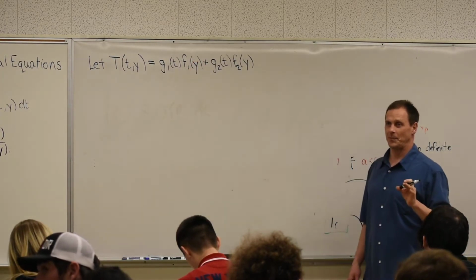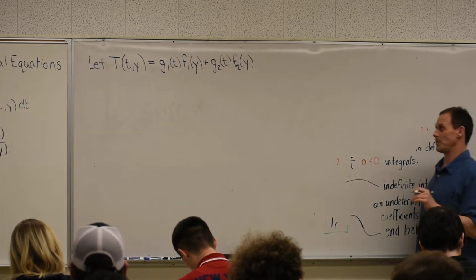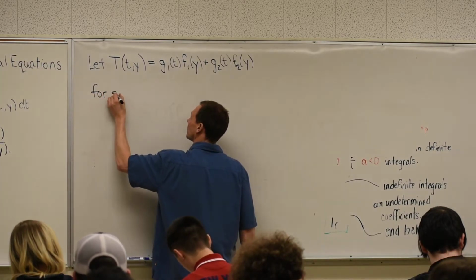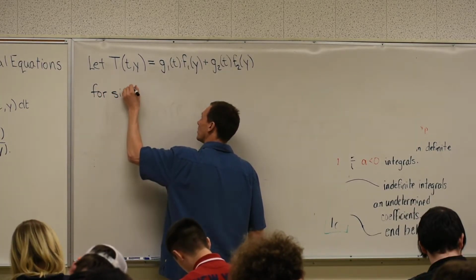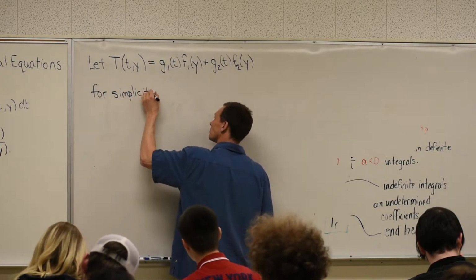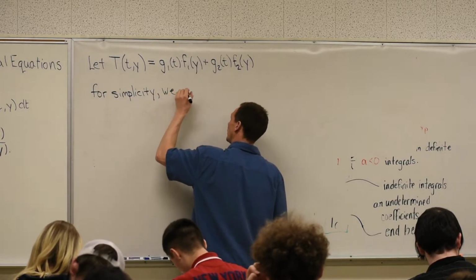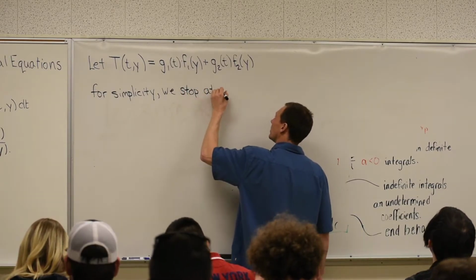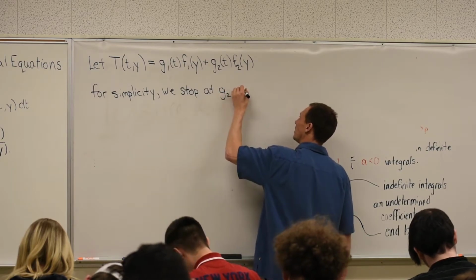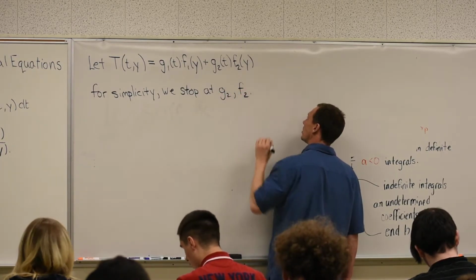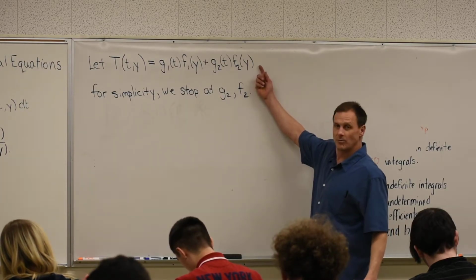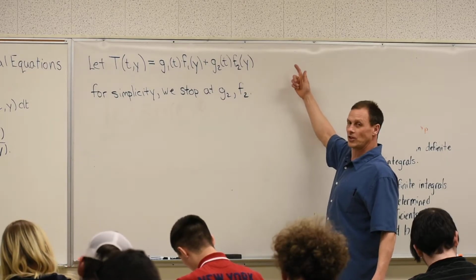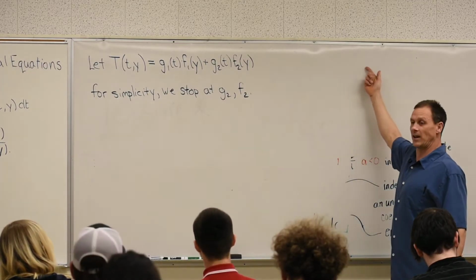Okay, so at this point, and I'll make a note, for simplicity, we stop at G2 and F2. But you could have more of these, plus G3 of t, F3 of y plus, and you could go all the way out to N of these if you want.